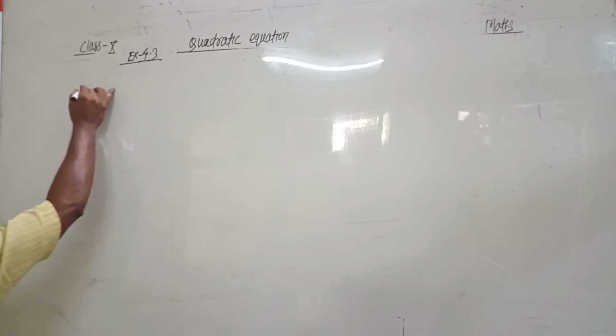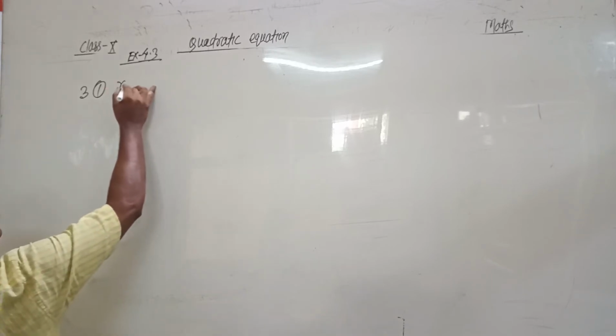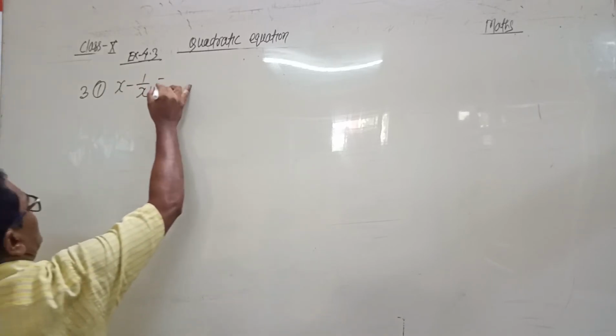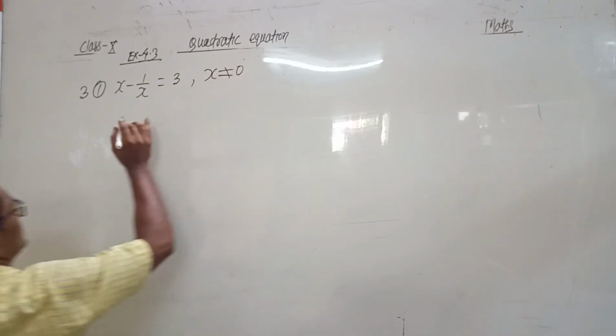The first part of it: we have to find the roots, and the question is x minus 1 by x equals to 3, where x is not equals to 0.